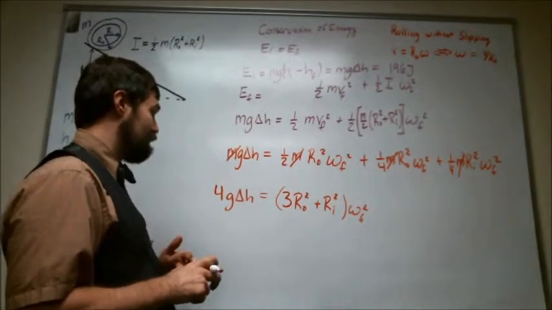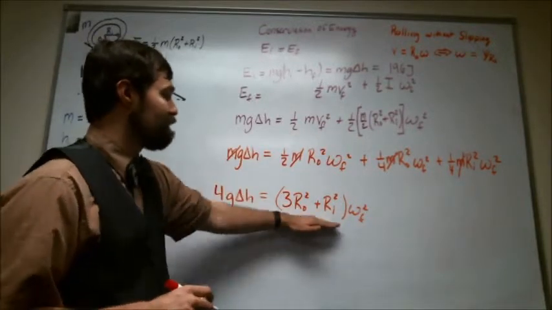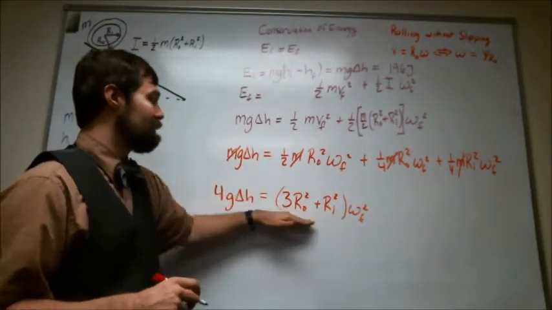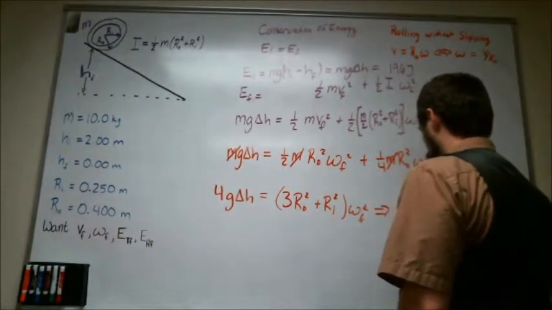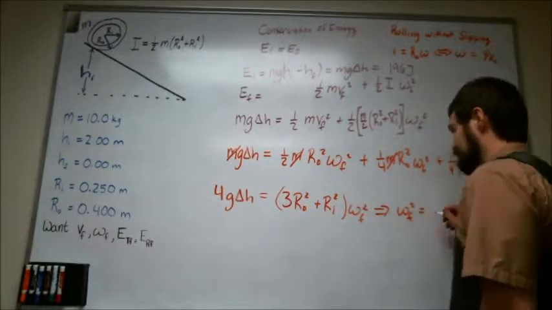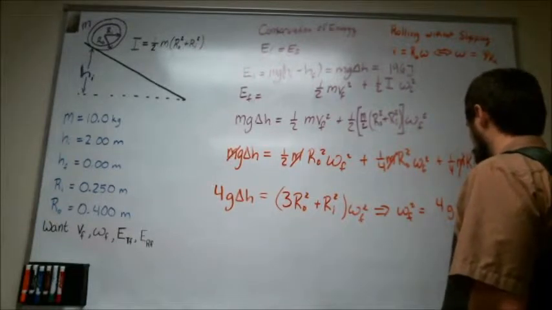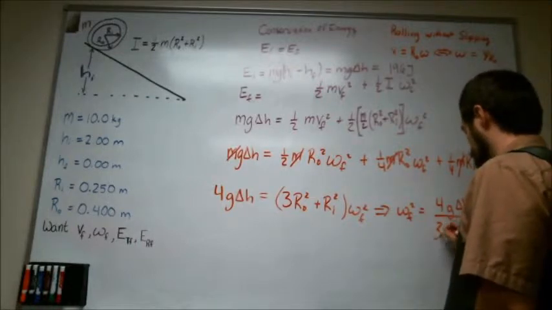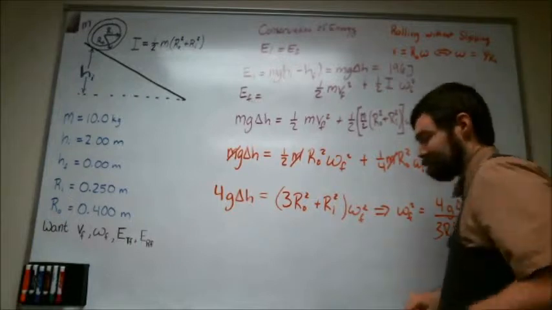To solve for the angular speed squared, we have to divide both sides by this term. So the angular speed squared is going to be 4g delta h over 3 times the outer radius squared plus the inner radius squared.